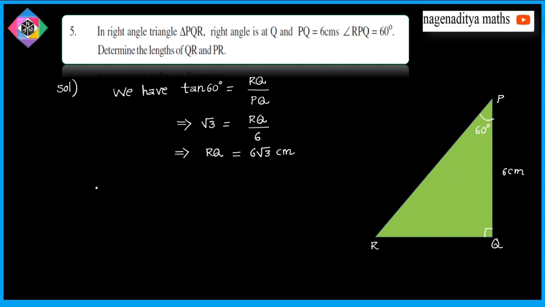So we have cos 60 degrees is equal to PQ by PR.